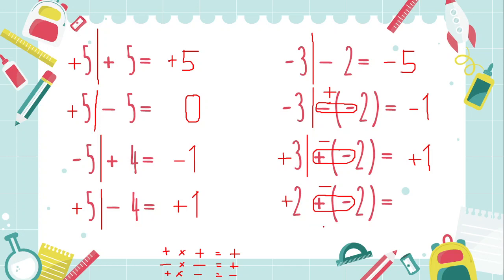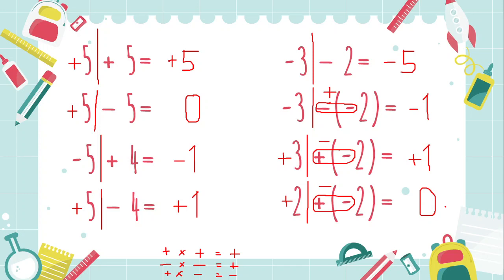So we separate the two numbers: positive 2 and negative 2. We have two unlike signed numbers, so we subtract the two numbers. You have 2 minus 2. The result is 0.